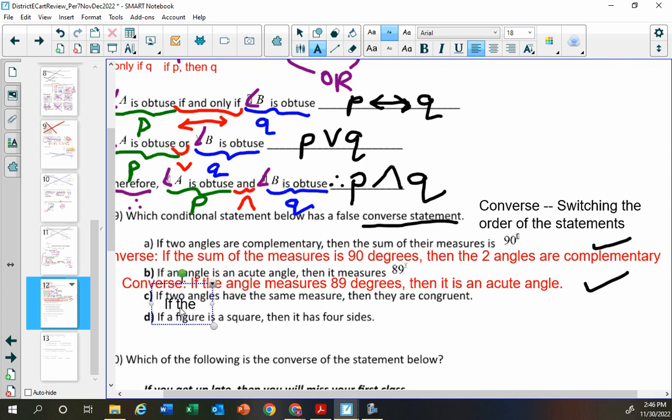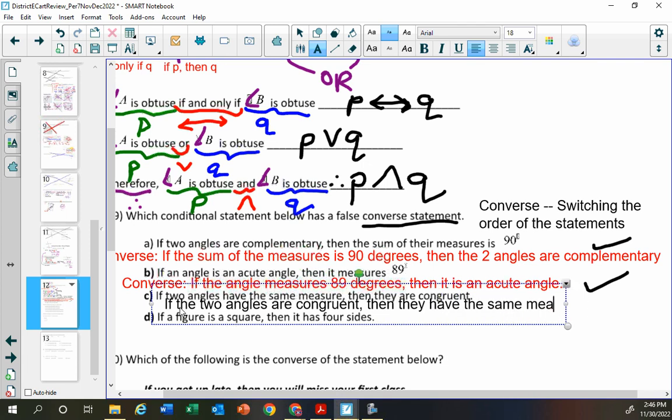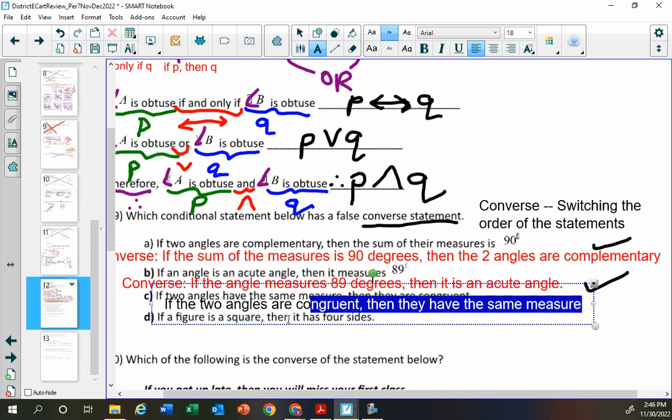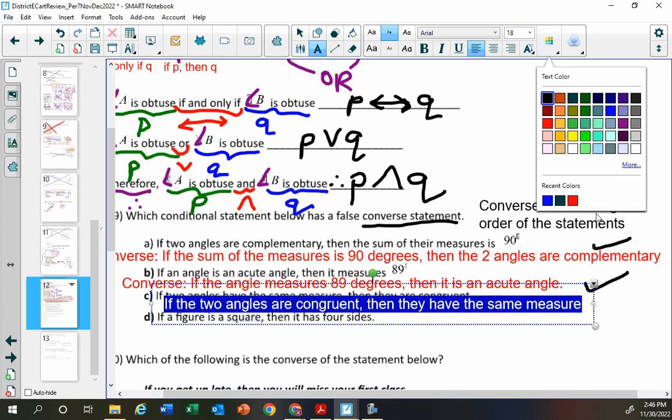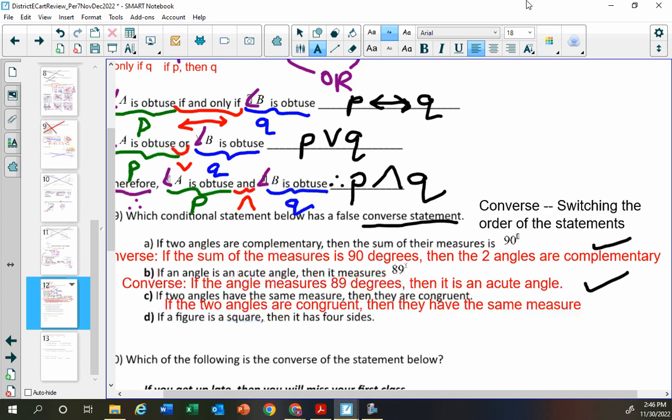If the two angles are congruent, then they have the same measure. Is that true? Yeah. Yes, that is true. Again, the converse I'm going to put in red. That is also true.